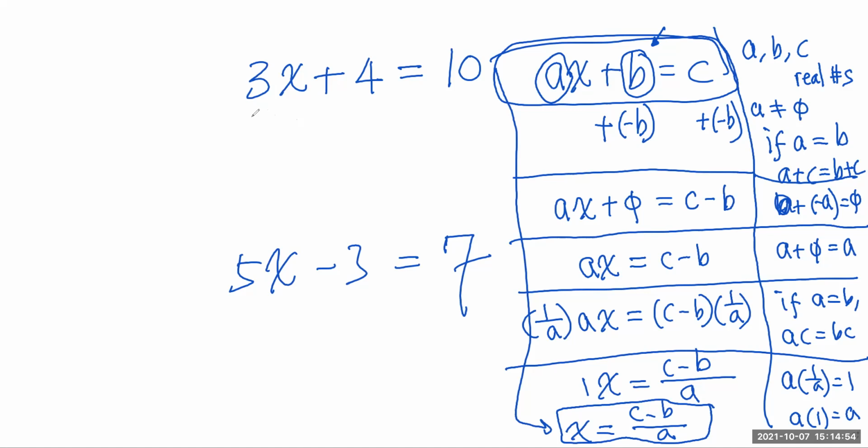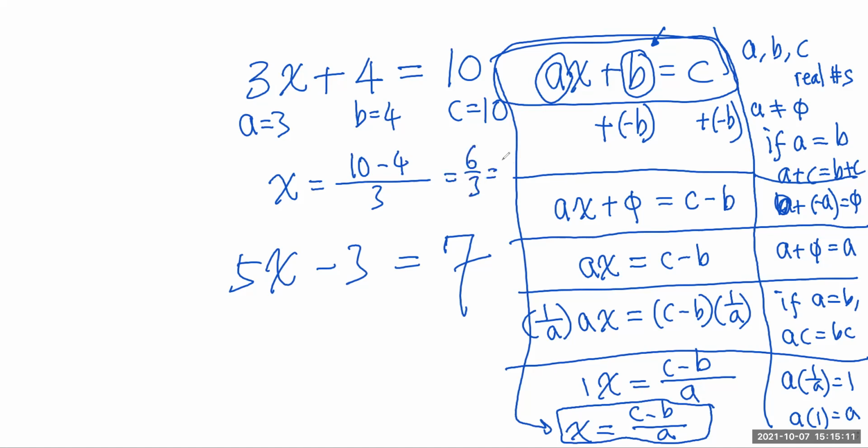So in this case, we know a is 3, b is 4, and c is 10. So following the formula, x is equal to 10 minus 4 over 3. That gives us 6 over 3, which equals 2. And here a is 5, b is -3, and c is 7.